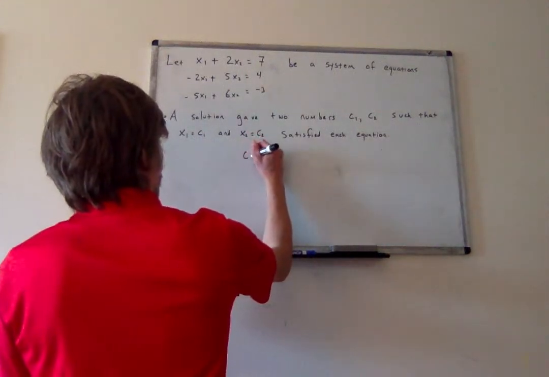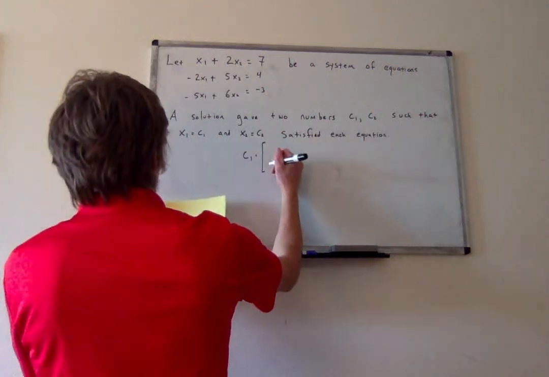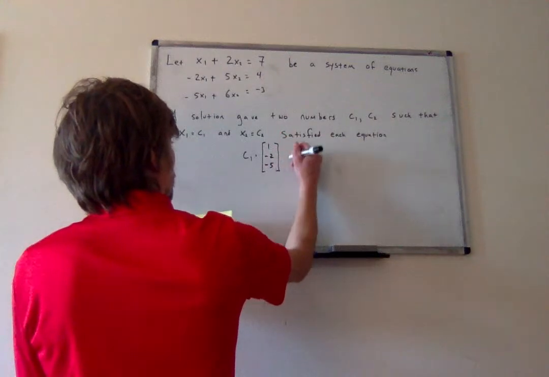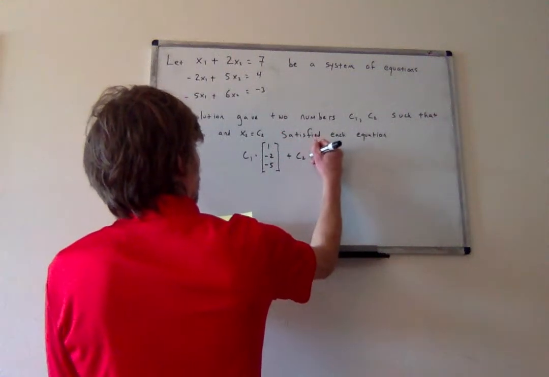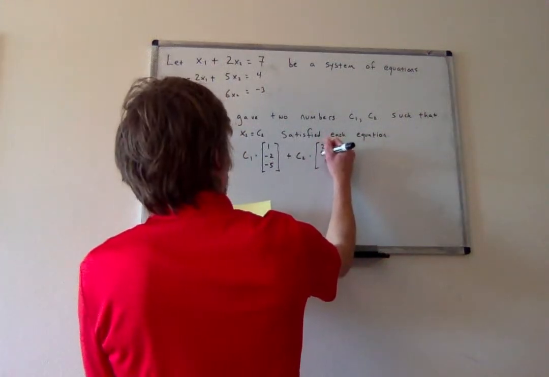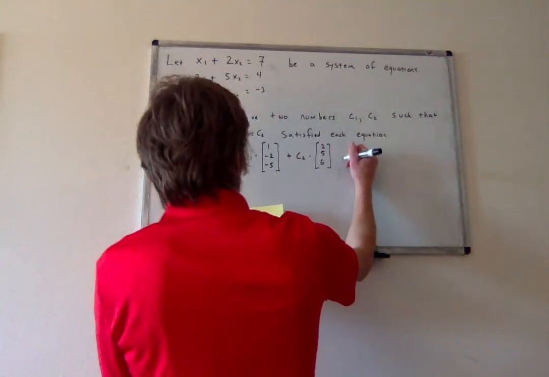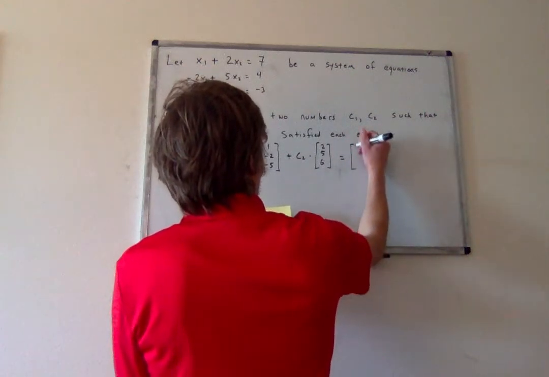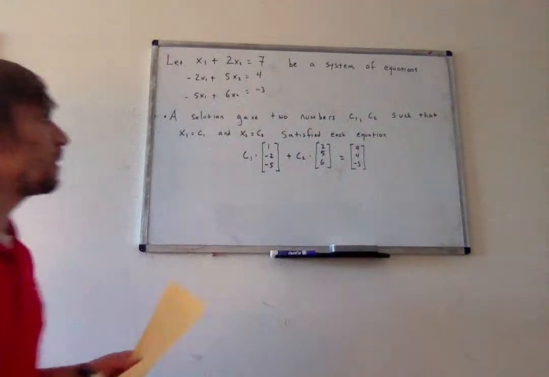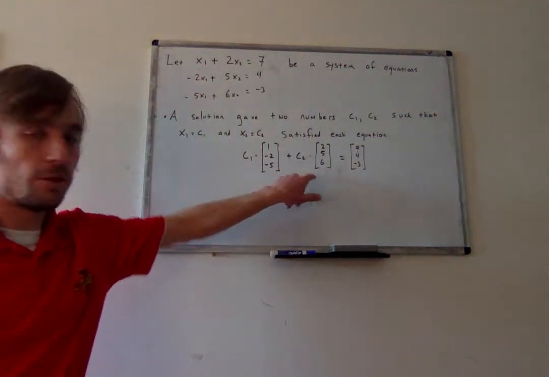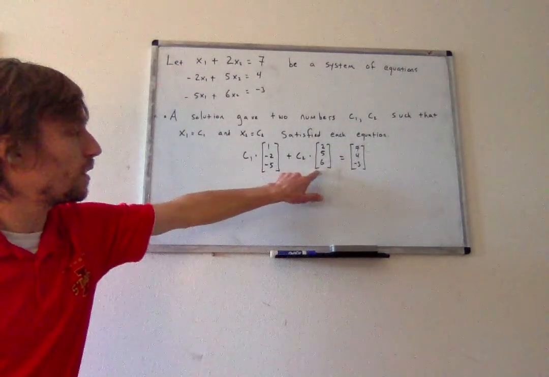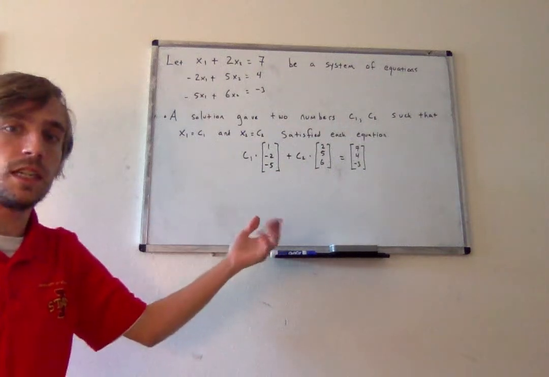But notice, if this is a solution, then the following vector equation is also a valid equation. What I've done here is create a vector for each one of my two variables, x1 and x2, where these are the vectors of coefficients attached to each variable.